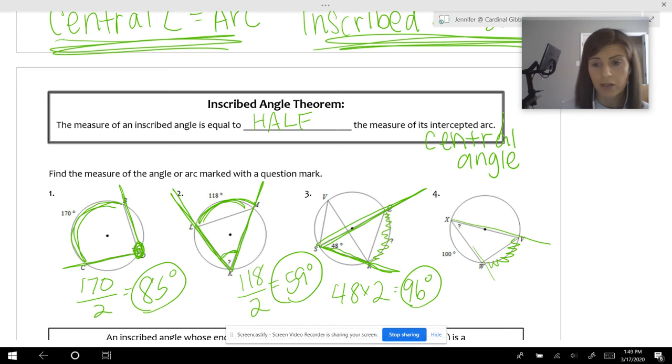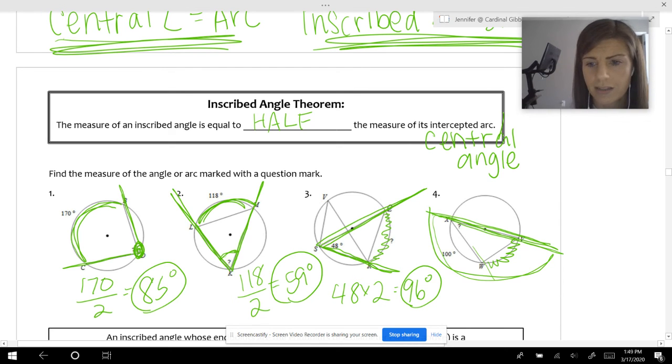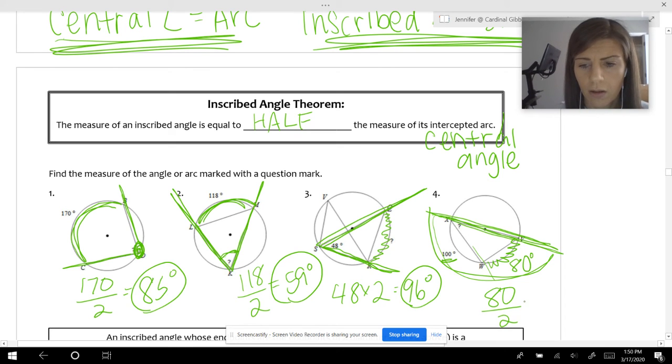If you look at this picture, we have a diameter. So we have 180 degrees on this half of the circle. If we've accounted for 100 of them, there are 80 degrees left in the arc that we're looking at. And then when we divide that 80 by 2, we figure out that our angle is 40 degrees.